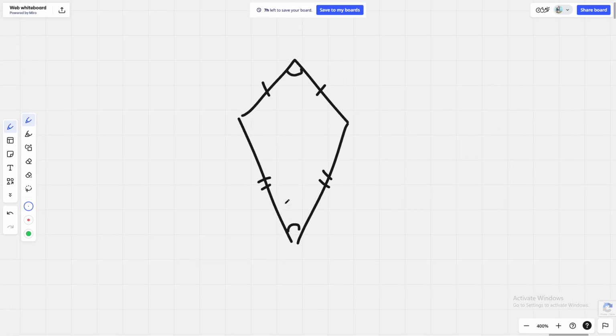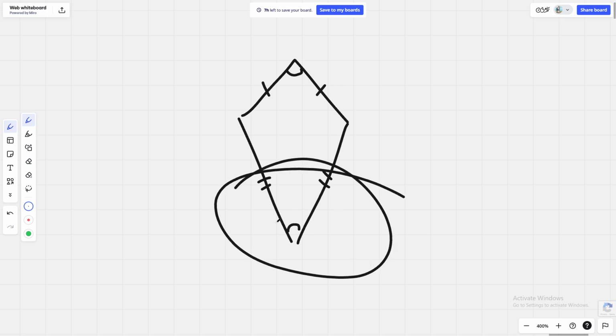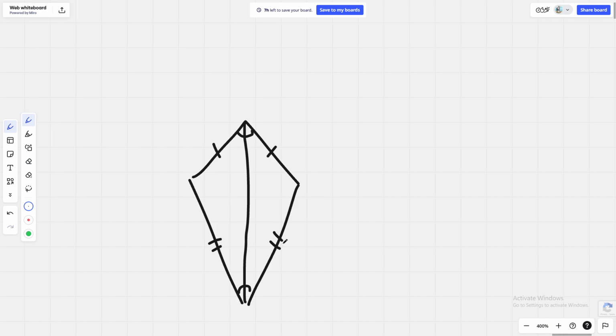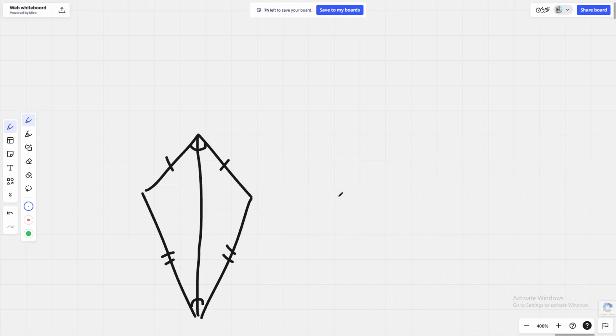Vertex angles are angles in between the congruent sides. Once you draw the diagonal, they're bisected, which means, for example, if our vertex angle measures 100, once it's bisected, this is 50 and this is 50.